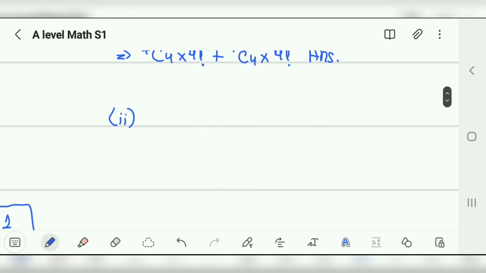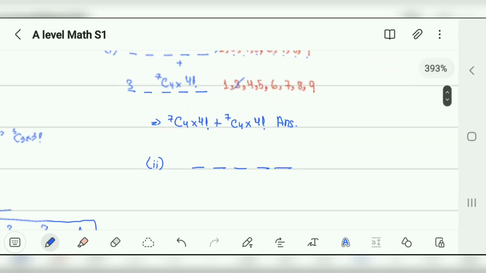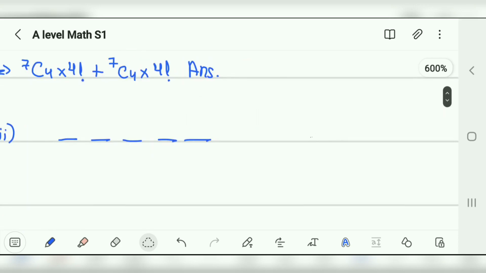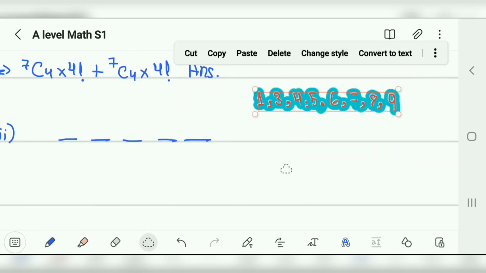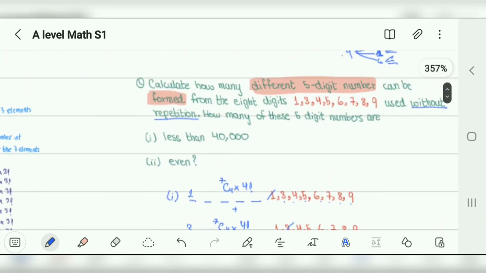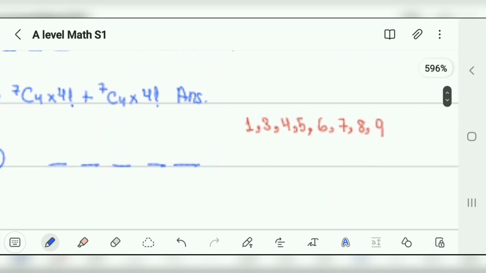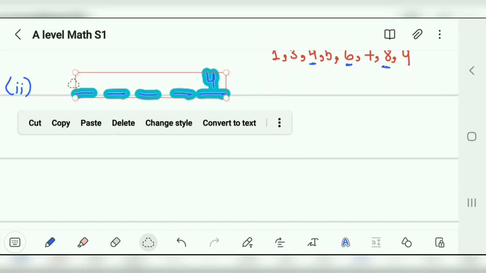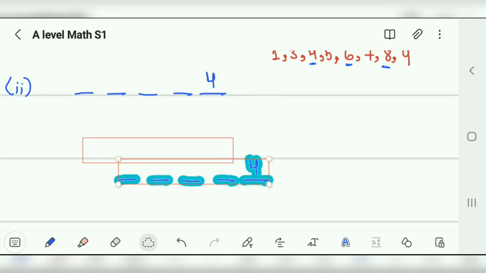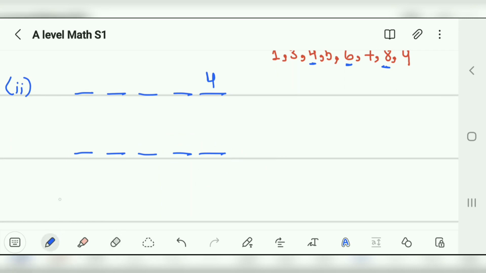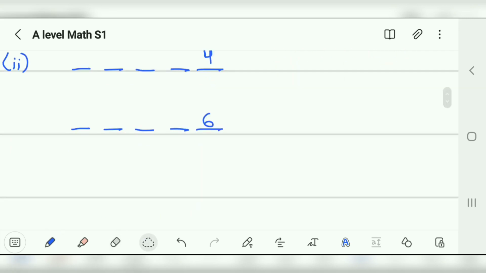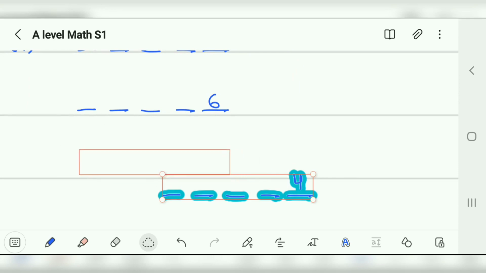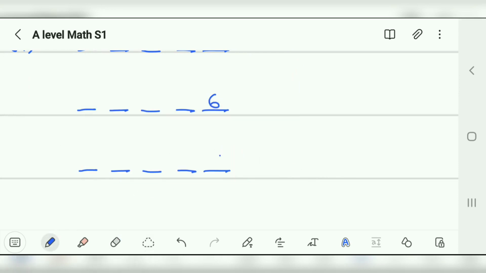So now in part 2, again, the 5-digit numbers: 1, 2, 3, 4, 5. Again, I'm going to take the numbers. It says making an even number. So the last digit is even, and it can be 4, it could be 6, and it could be 8.